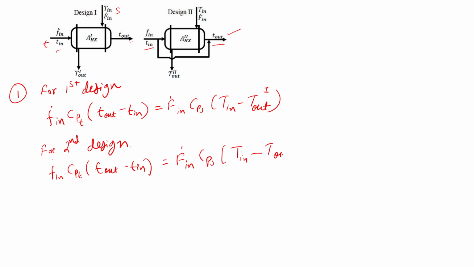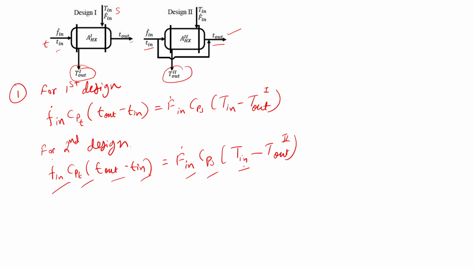But in this case, the T out we have been given as T out 2, and in the earlier case it was T out 1. So we have been given that all of these parameters are the same.